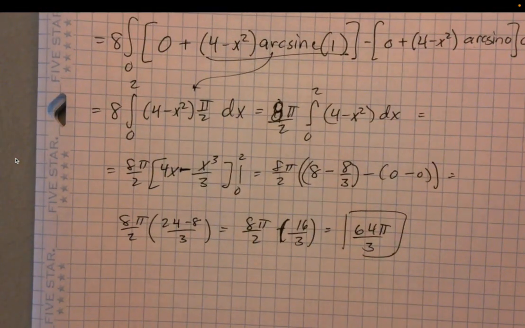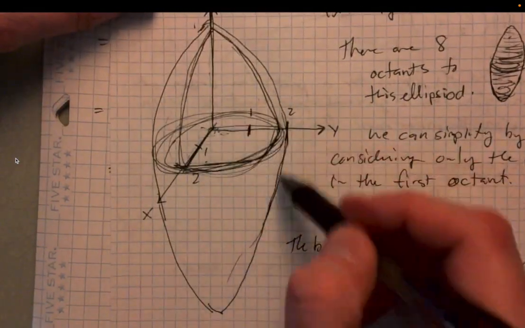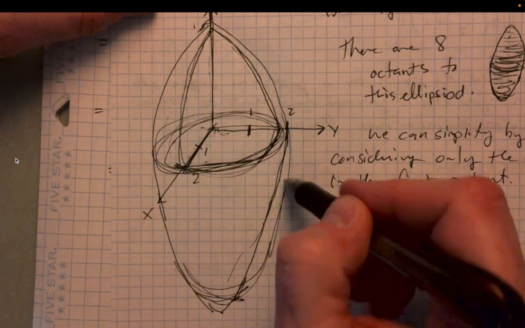This is the area of this shape we drew at the onset, this giant ellipsoid, right?